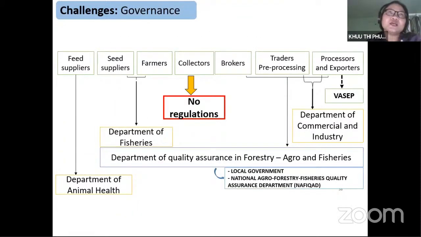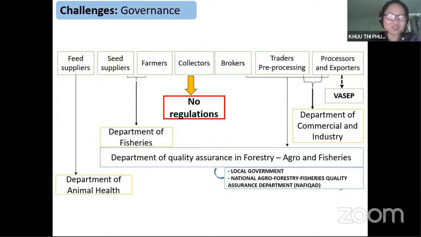Yes, actually, that is why I also show you the problems. In Vietnam, we have enough regulation. Vietnamese policy makers try to issue a lot of regulation about traceability. So if we want to review the policy, we have enough.